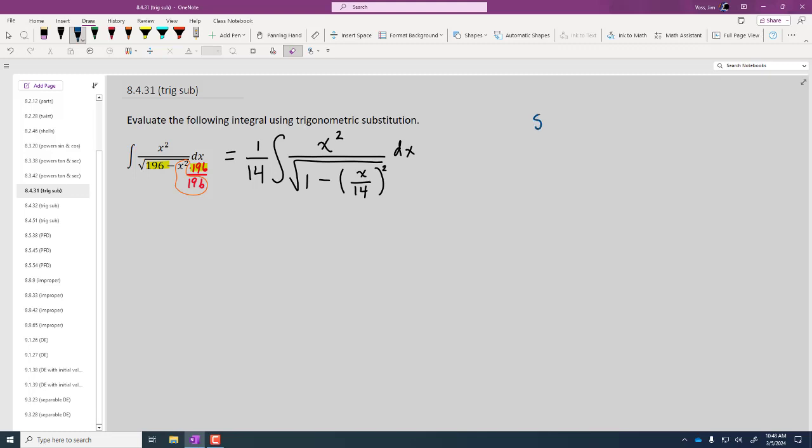So we are going to let sine of theta be x divided by 14. We differentiate both sides. We get cosine of theta d theta equals 1/14 times dx.